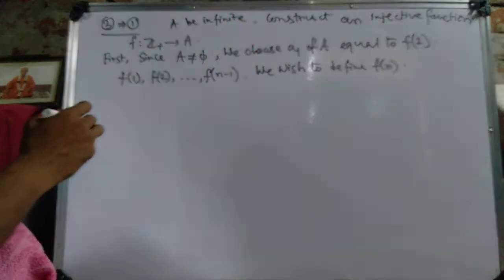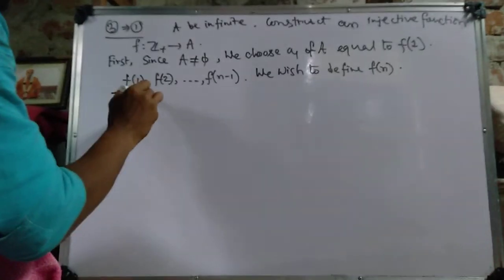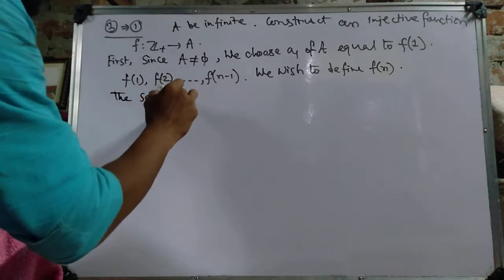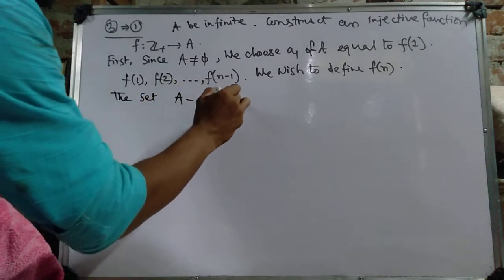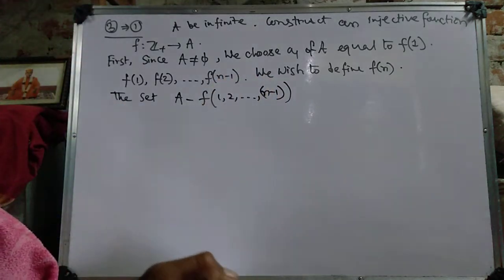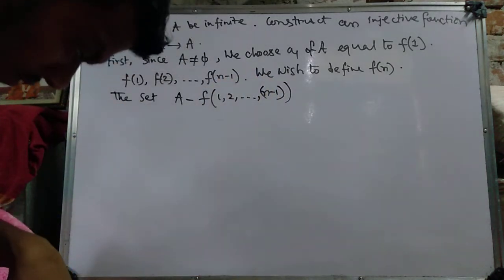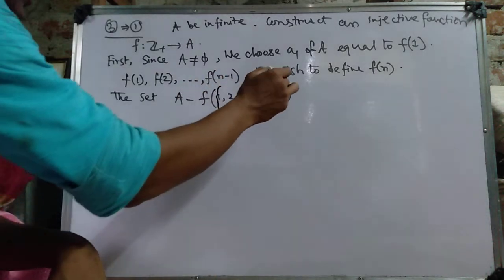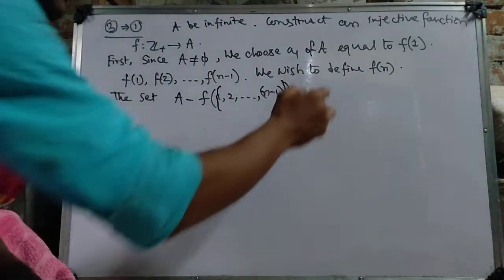The set A minus f({1, 2, ..., n minus 1}) is not empty.